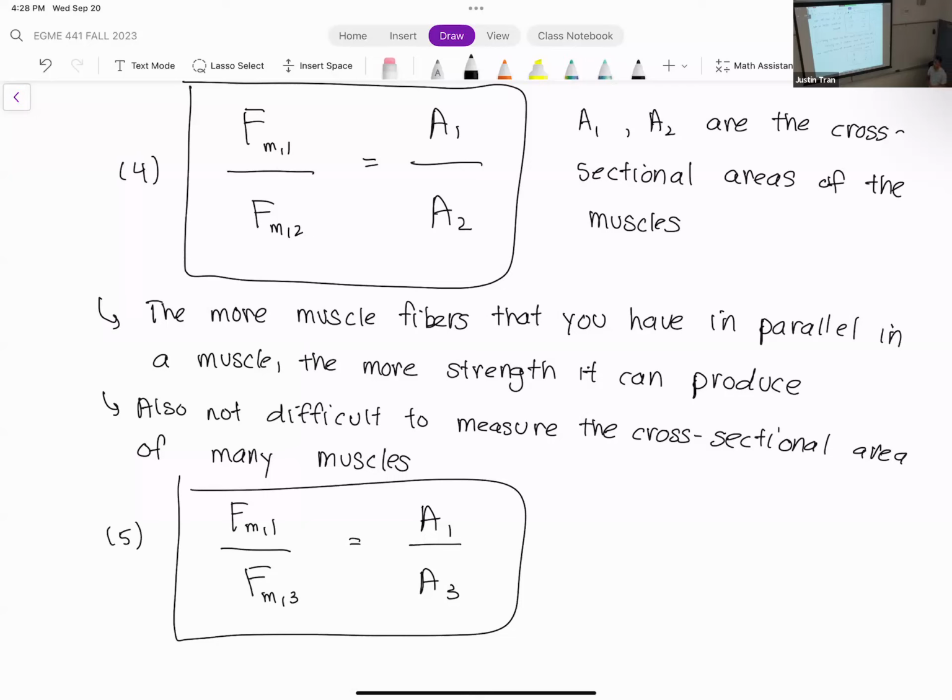This could be a fifth equation. Together with the 3 equations that we had before, based on the equations of motion and our force balances, we're able to use all 5 of these to solve this.